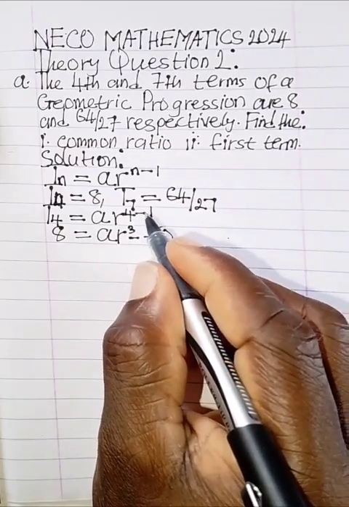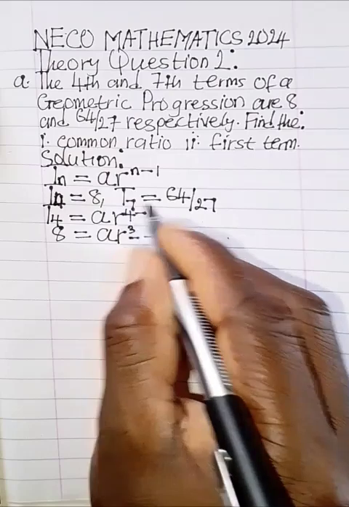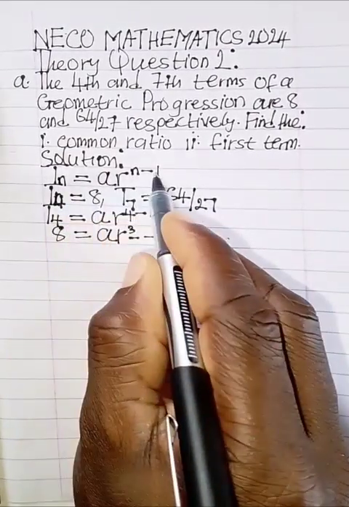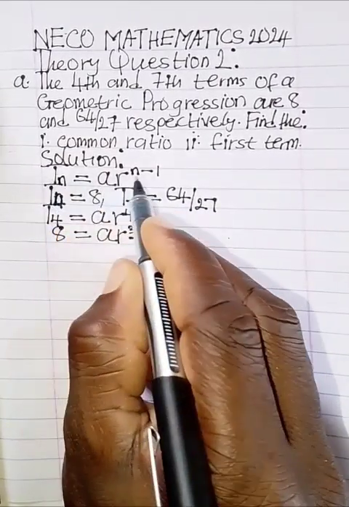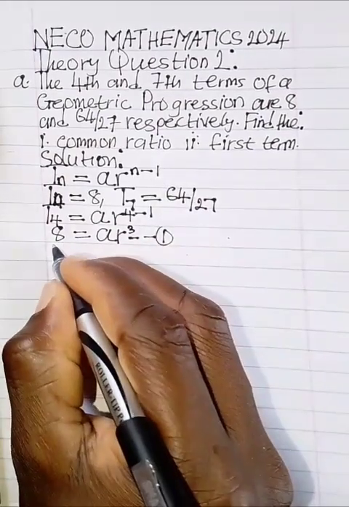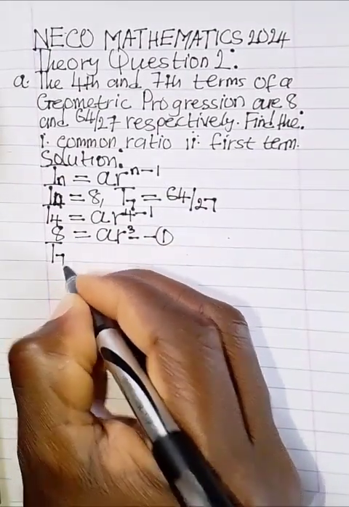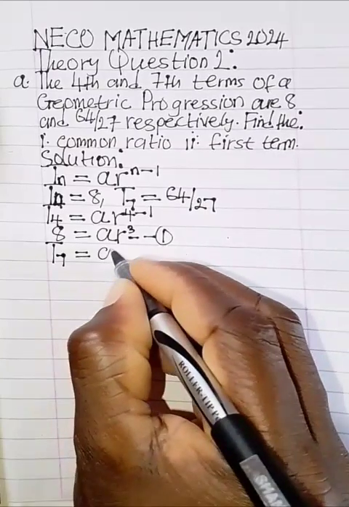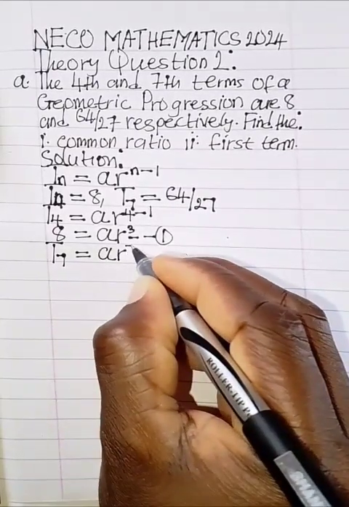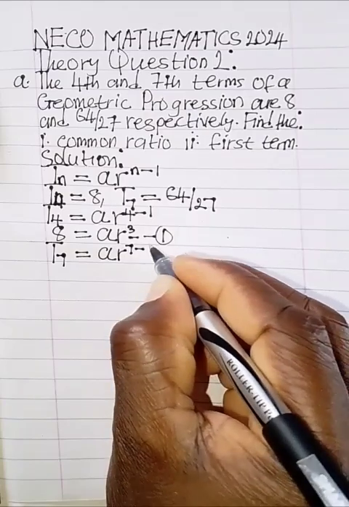Then we move to the seventh term. We come back here and replace n with 7. So t sub 7 is equal to a r to the power of 7 minus 1.